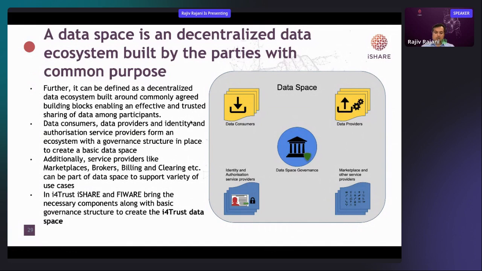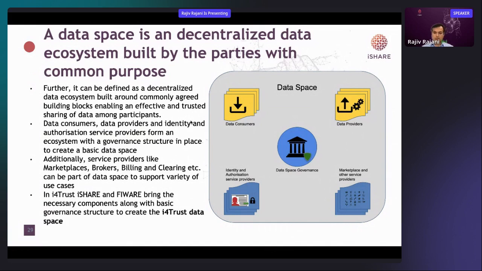It's a space where organizations come together and agree on common sets of agreements, on which standards they will use, which kind of data they want to share within the confines of this data space, and what rules the different roles of the participants of the data space need to abide by, and things like that, right? So together they come and make a data space.